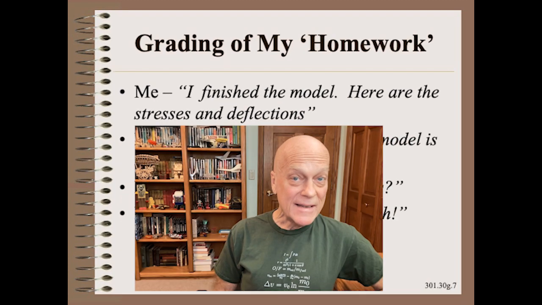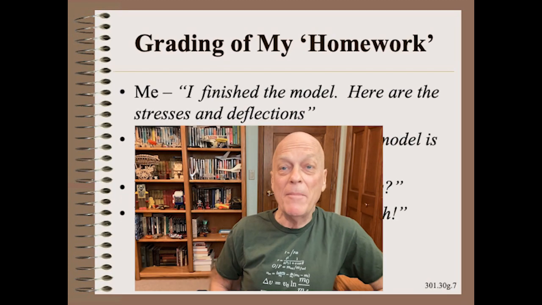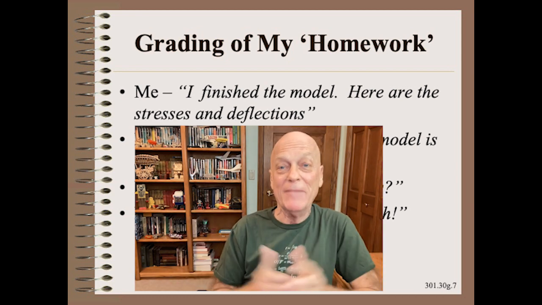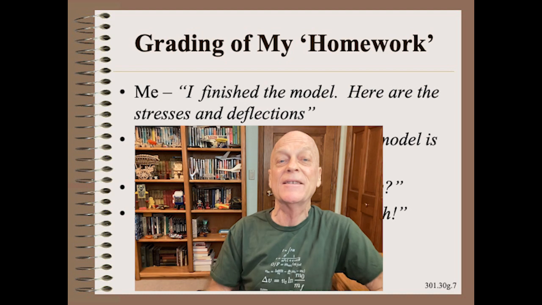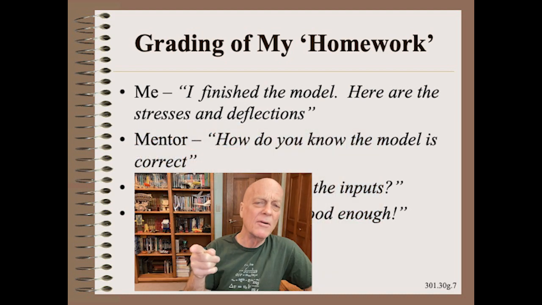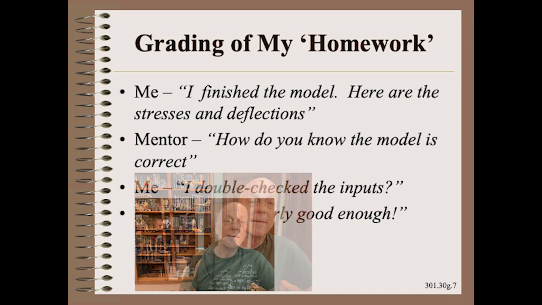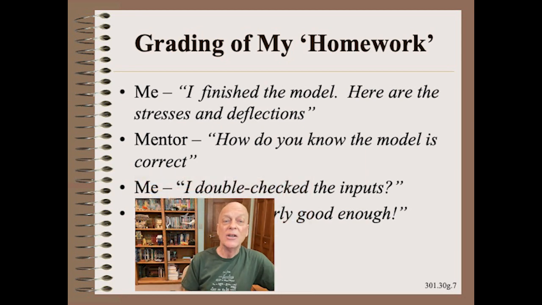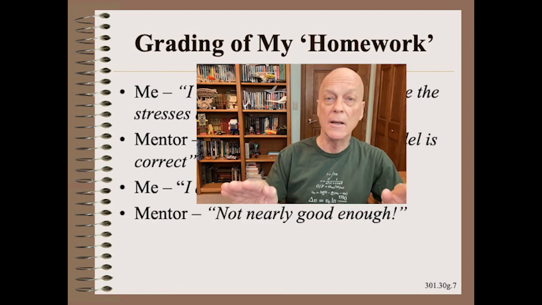A couple of days later, I returned to my mentor for a follow-up, and I said, I finished the model. Here are the stresses and deflections. He replied, how do you know that model is correct? And I told him, I double-checked the inputs. To which my mentor replied, not nearly good enough, son.